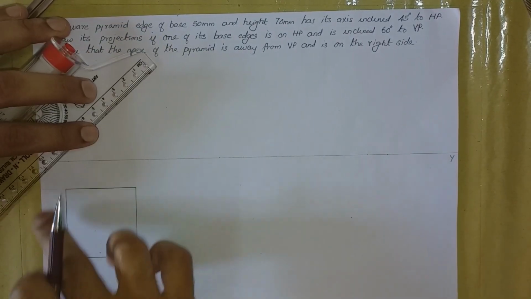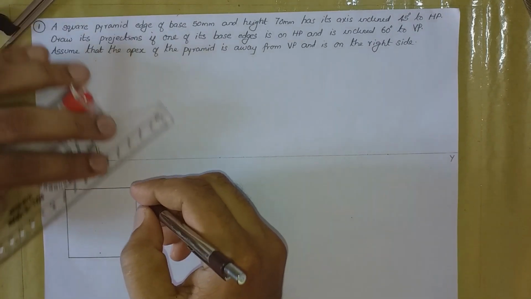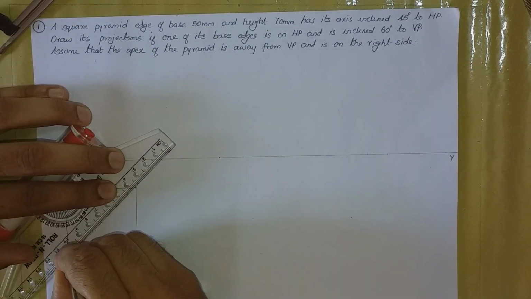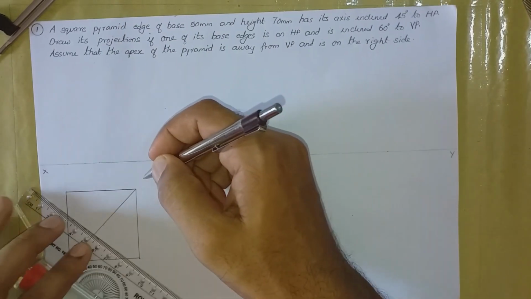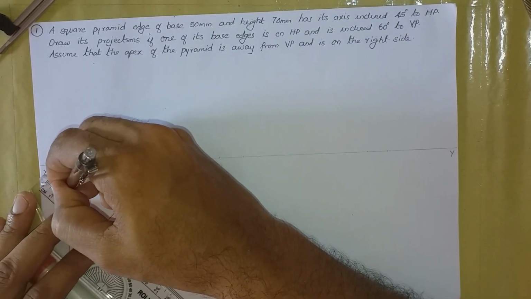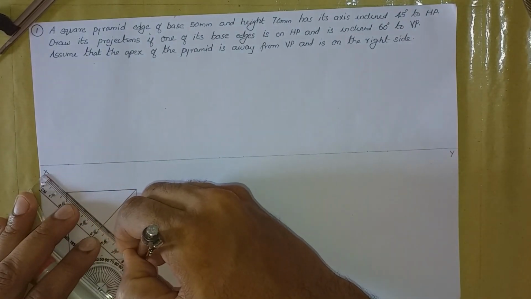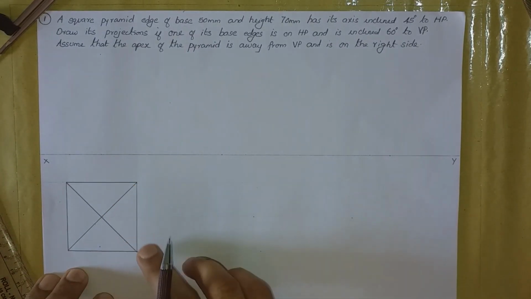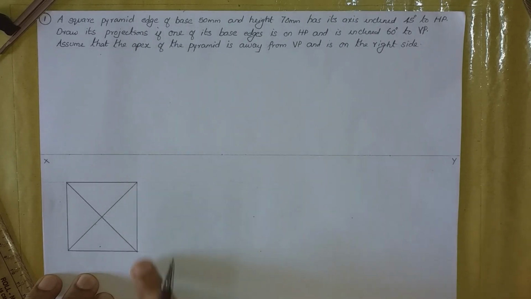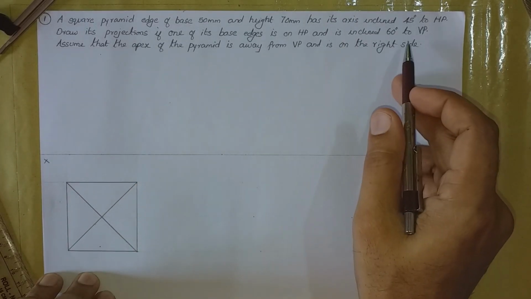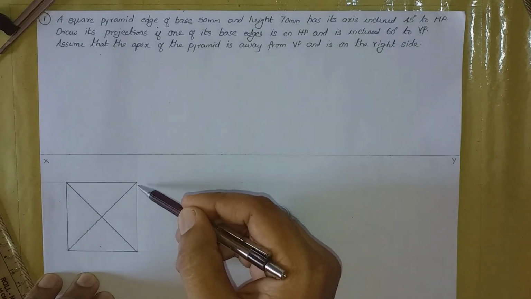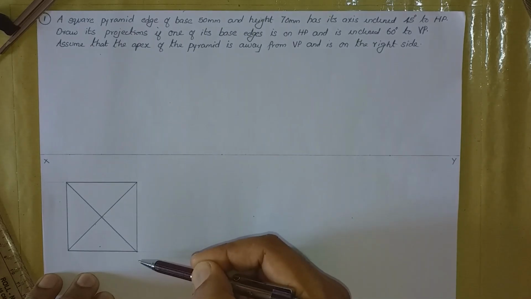So this is the outline of the top view, which is a square. We are drawing the base shape in this manner such that one of the base edges is on the right hand side, because the solid is resting on one of its base edges. Okay, so that is why we are drawing the base edge on the right hand side.